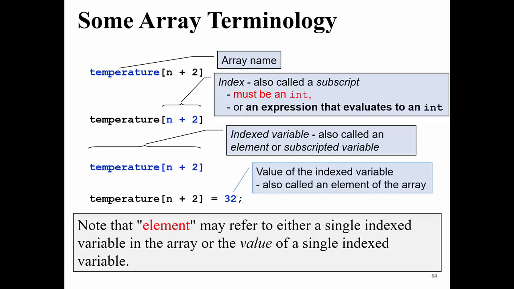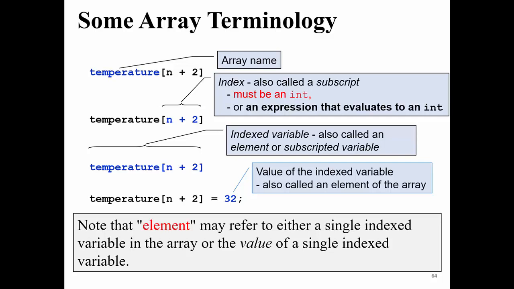You can provide an arithmetic expression like n plus 2, but the data type of this arithmetic expression should always be int. Also, the name of the array plus the index in square brackets is called an indexed variable, also called an element or subscripted variable.